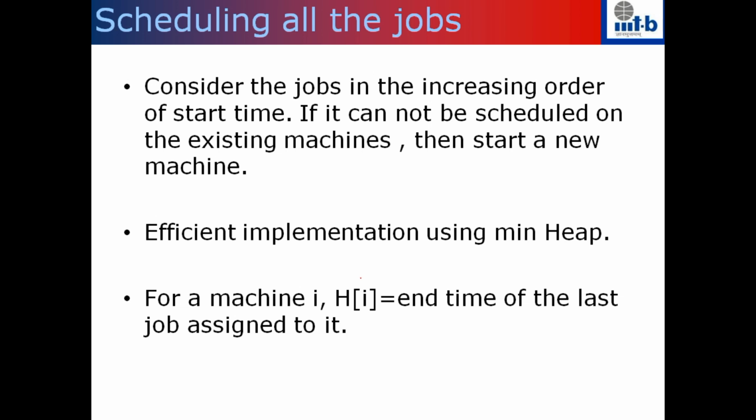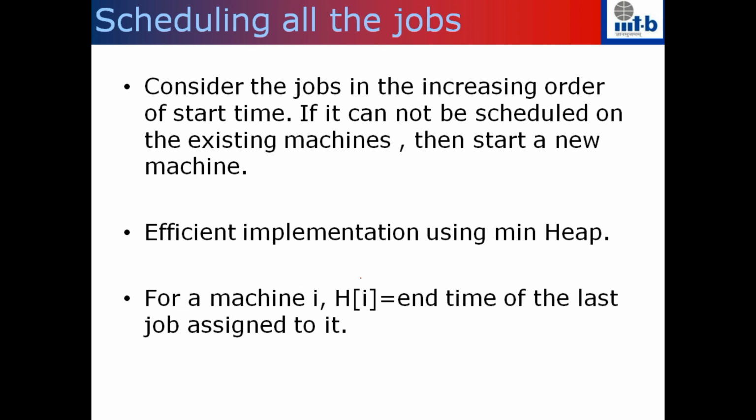So all the machines will conflict with it. That is the case when you have to request a new machine. When you request a new machine, you are adding a new element into the binary heap. So at any point in time, the heap keeps track of the number of machines that are being used right now, and the priority of a machine is the end time of the last job that has been assigned to it.